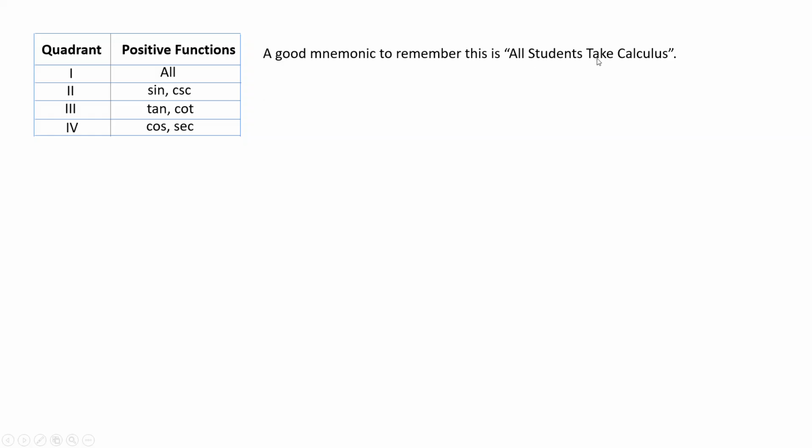This one starts with a T, which is for tangent in the third quadrant, tangent and its reciprocal cotangent. C is for cosine and its reciprocal secant in the fourth quadrant. So all students take calculus.